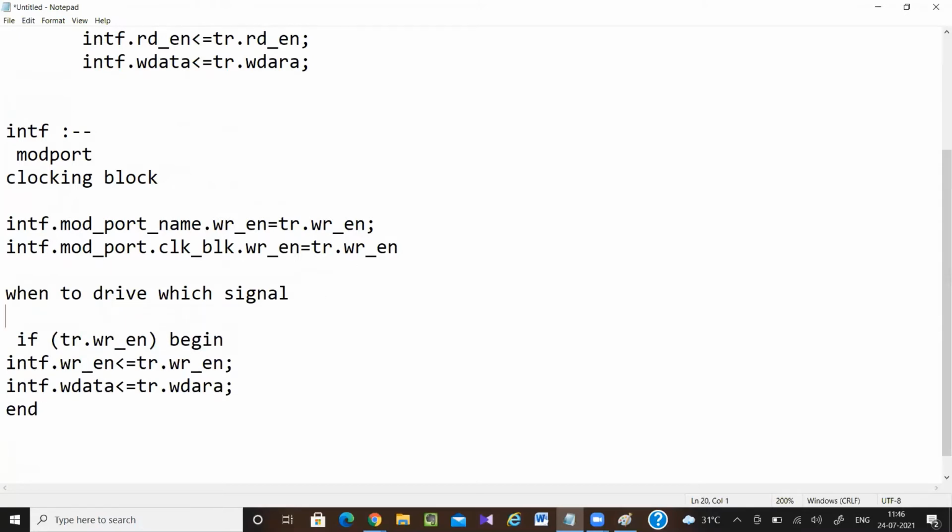Okay, next, in the driver you can sample the output. It's optional, because the output signal is required in the monitor, and the monitor is going to transfer those signals to the scoreboard. So in the driver it is optional. You can sample the output signals or not, it's up to you. Let's say you want to sample the output signals. The write operation related output signals are what? tr.overflow and the full signal.